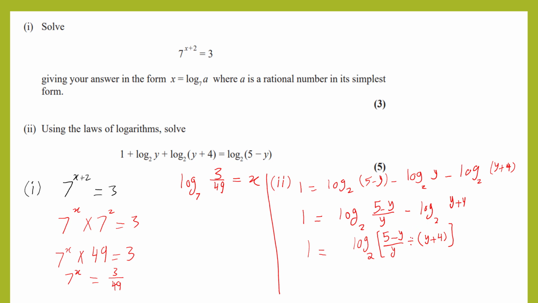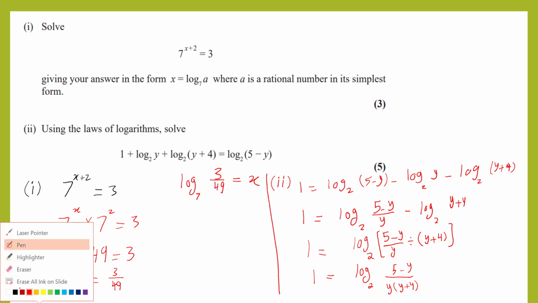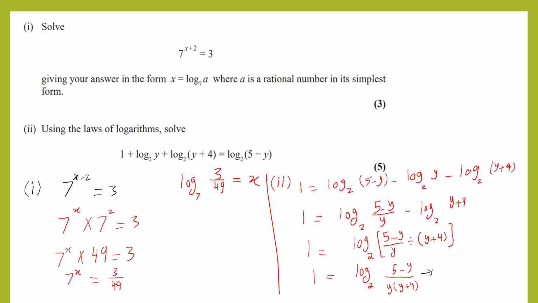As we know, when dividing a fraction, this will go down, so it will be 5 minus y all over y multiplied by y plus 4, and here log to the base 2, all of this equals 1. So just convert this into exponential form. It will be 2 to the power of 1 equals 5 minus y over, you can expand here, y squared plus 4y.